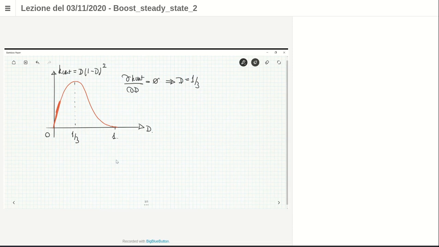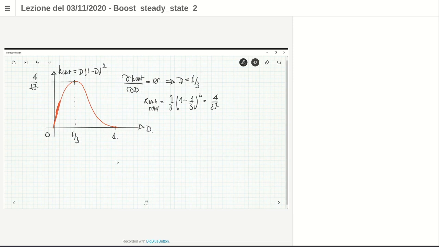So for D equal to 1/3, you get the maximum. You put 1/3 and 1 minus 1/3 squared, this is K critical maximum, then you get exactly 4 divided by 27.